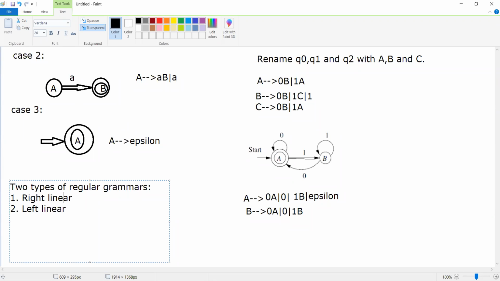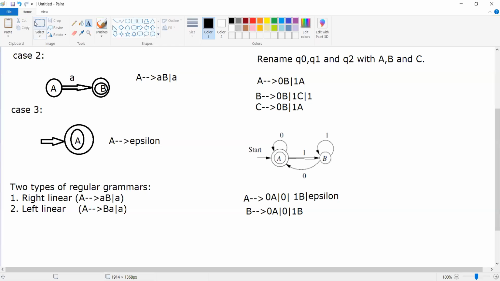In a right linear grammar, the variable appears on the right hand side of the production. Coming back to left linear grammar, the variable has to appear on the left hand side of the production.